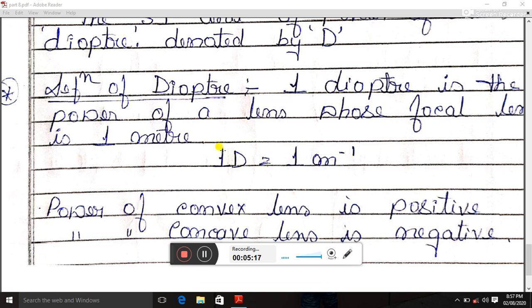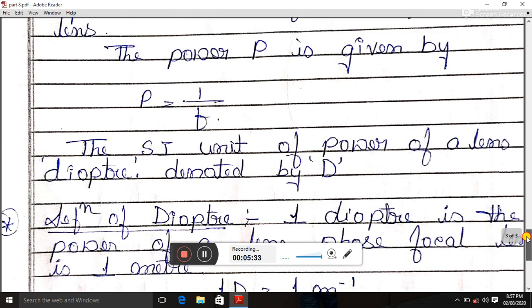One diopter is equal to 1 meter inverse. Thus we can define the diopter: one diopter is the power of a lens whose focal length is 1 meter. So 1 D = 1 m^-1.